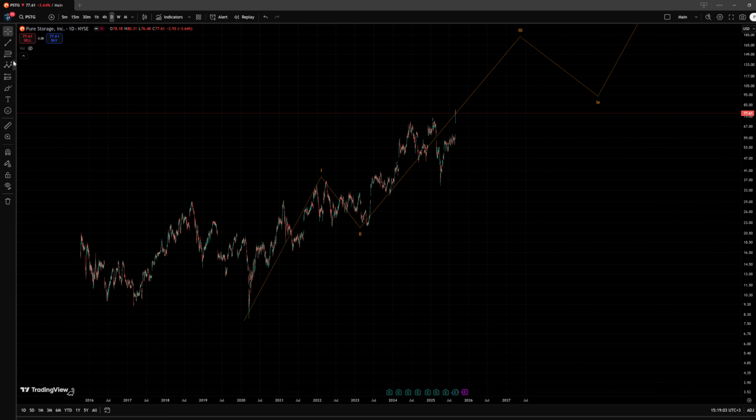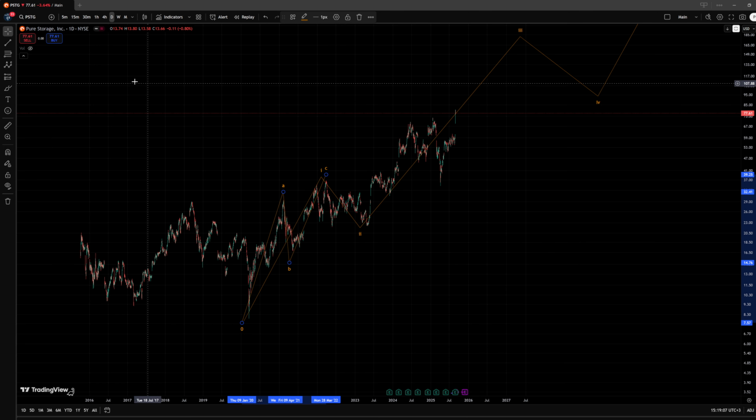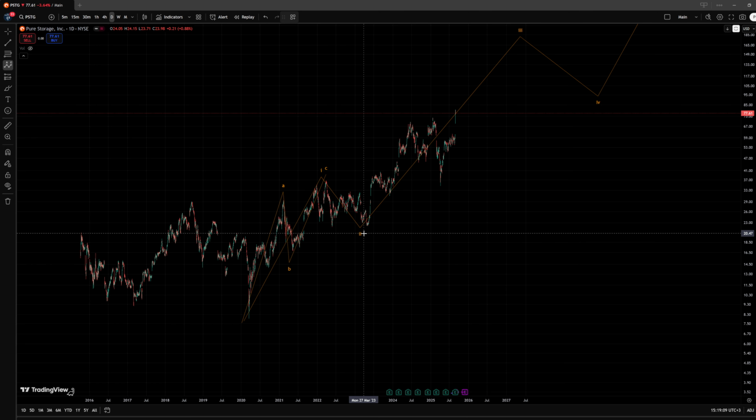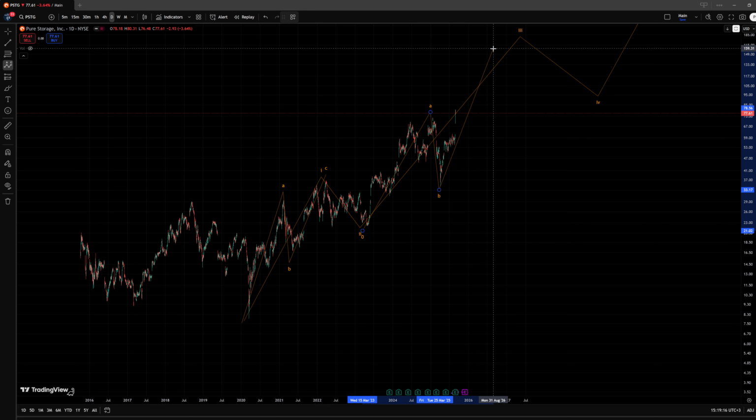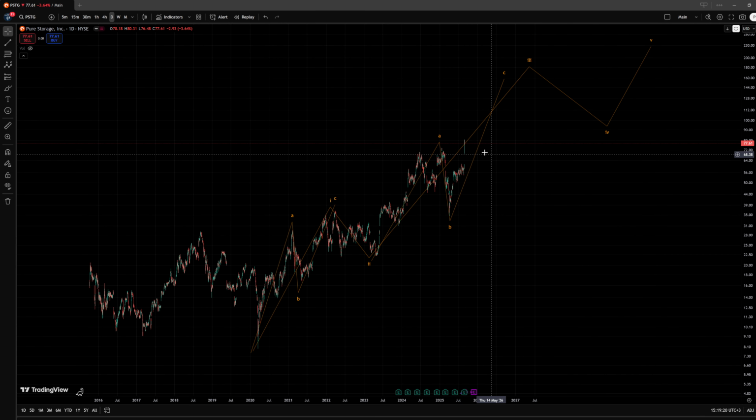So far I would consider that we have the wave 1 complete in an ABC pattern, then our wave 2 also complete, and then in the third wave we have the A wave complete, the B wave quite possibly bottom there, and now we would be in the C wave to the upside.